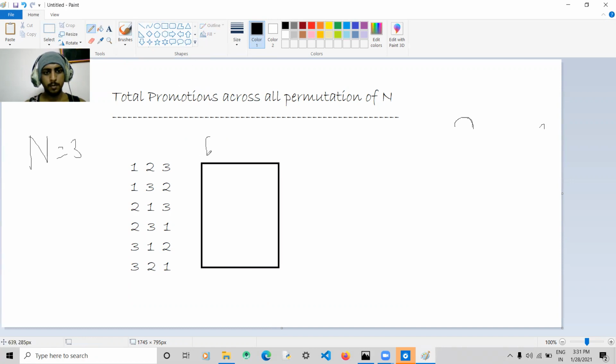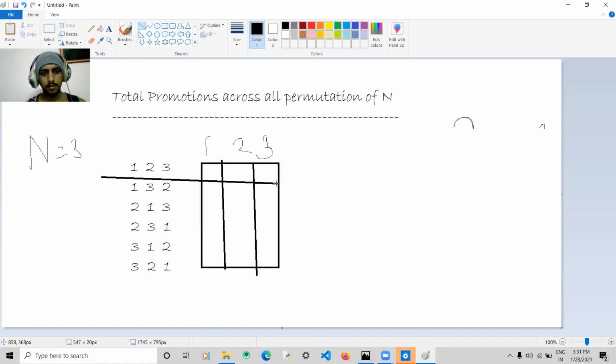Let's say 1 got promoted, or 2 got promoted, or 3 got promoted, something like that. So in the first row, everyone gets a promotion, and hence the total is 3. In the second one, only these two guys get a promotion, and he doesn't get a promotion, so the total is 2.